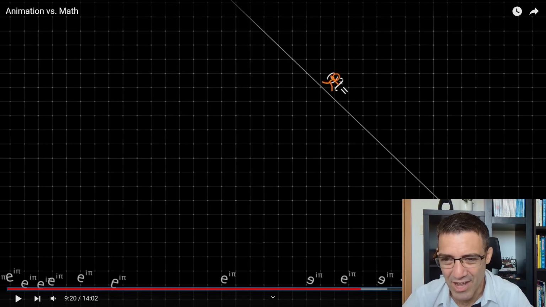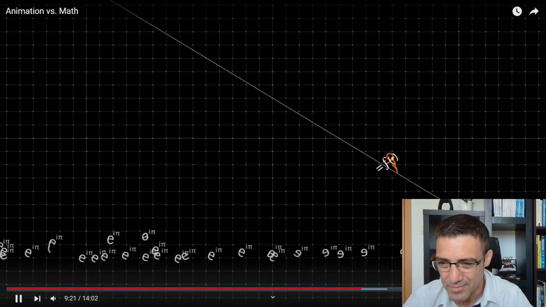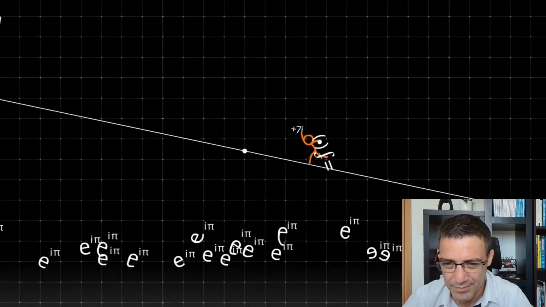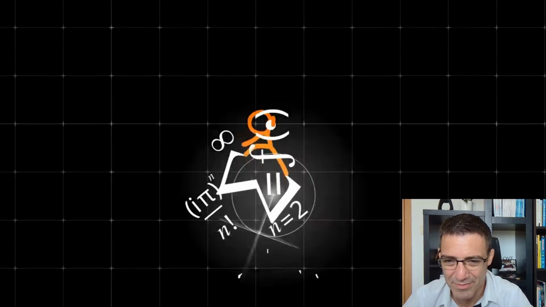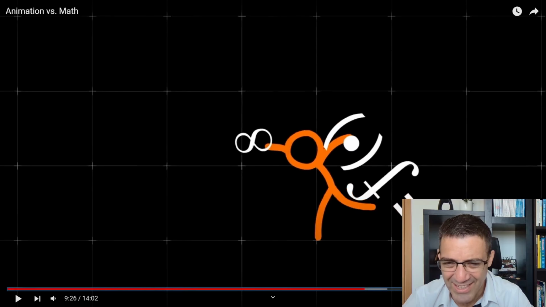He's used the 7i to go up because he's going on the vertical axis. So every time he wants to go up, he uses a bunch of imaginary numbers. And he steals the infinity sign. What's he gonna do with it?